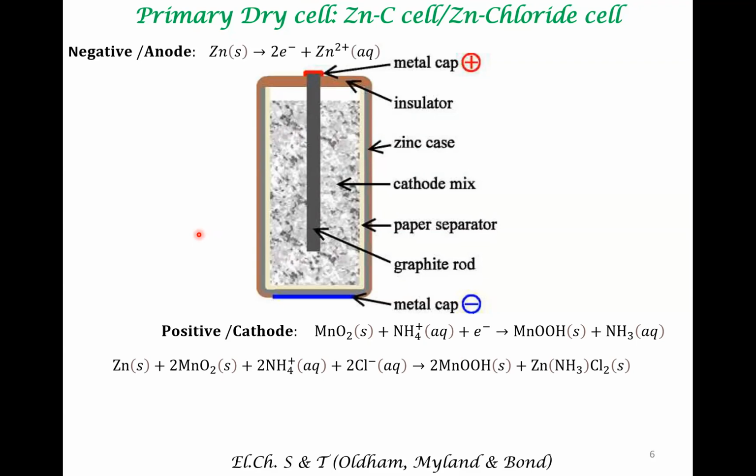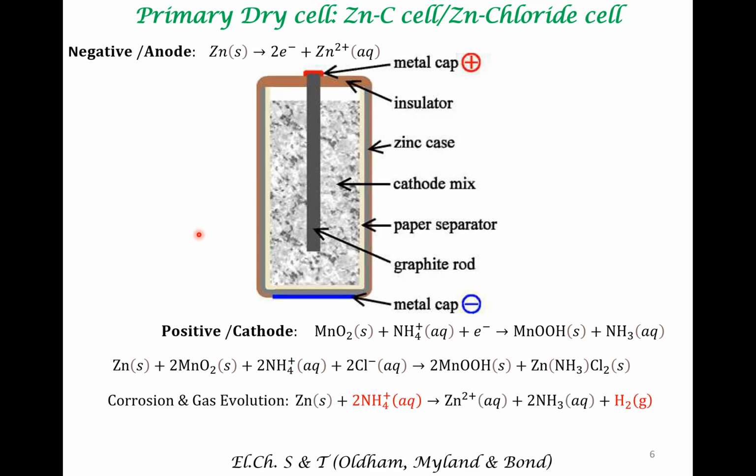So it still has certain disadvantages. What are the disadvantages? There are two specific disadvantages. One is there is gas evolution in this reaction. Zinc can react with this component. It will get oxidized to zinc 2 plus, but it will liberate ammonia, which is dissolved in the electrolyte. However, it gives rise to hydrogen gas.